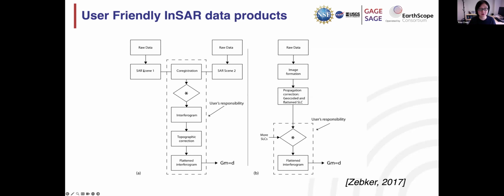So the data is typically delivered either as raw data or SAR images in their own coordinates. So GMTSAR has to handle all these issues based on the user.